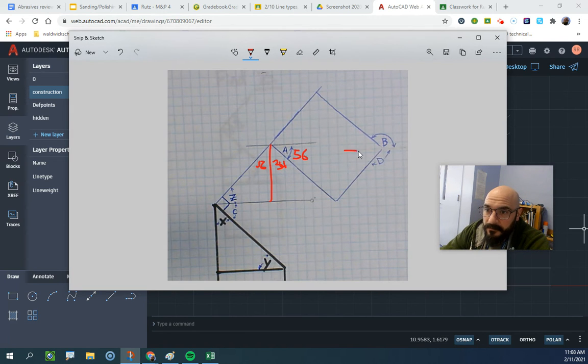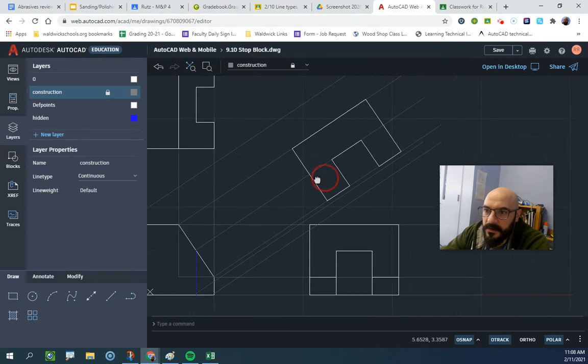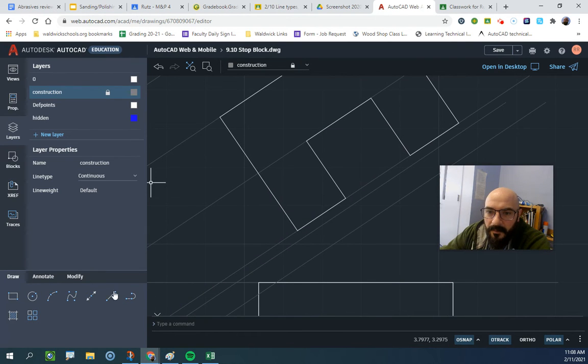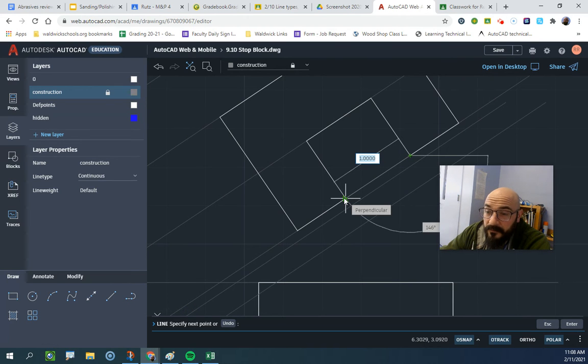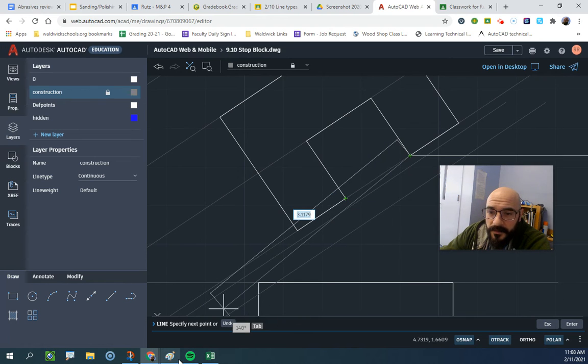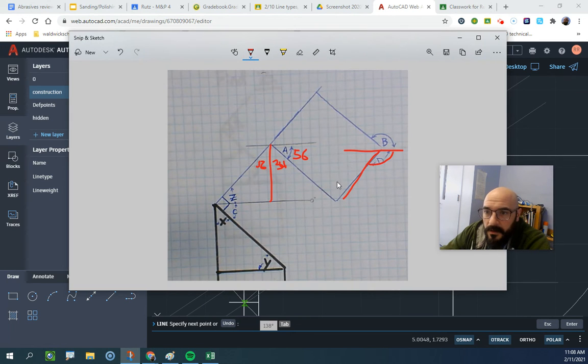Going on to D, we get the same deal going on here. When I draw this line, I have to draw this giant angle. So let's look at what it actually looks like. If I get my line tool, I'm drawing down this way, it says my angle is 146 degrees. Why? Well, let's go back to our drawing.